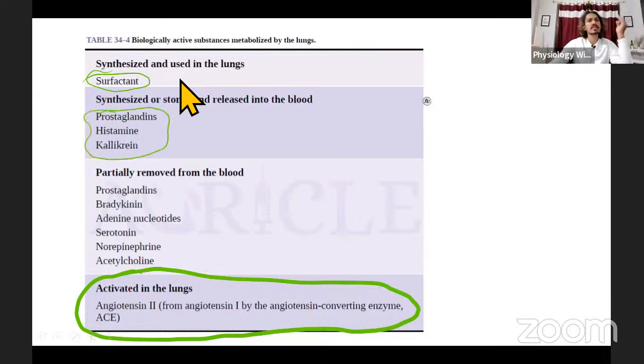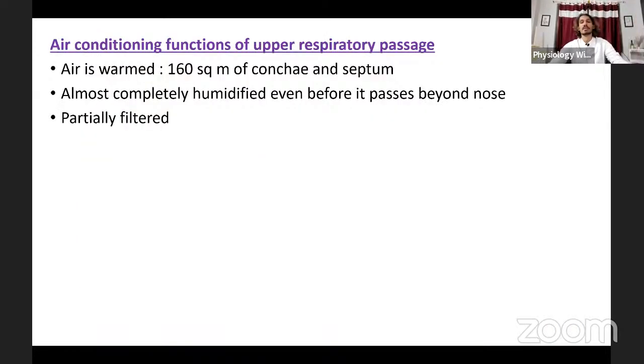Then certain components like prostaglandins, histamine, kallikrein, and even bradykinin are produced in the pulmonary circulation. So all of these are biologically active substances which are in some way produced or metabolized in the lungs. This is another non-respiratory function of the lungs. Now, we already talked about filtering, how it humidifies, and how it warms the air.